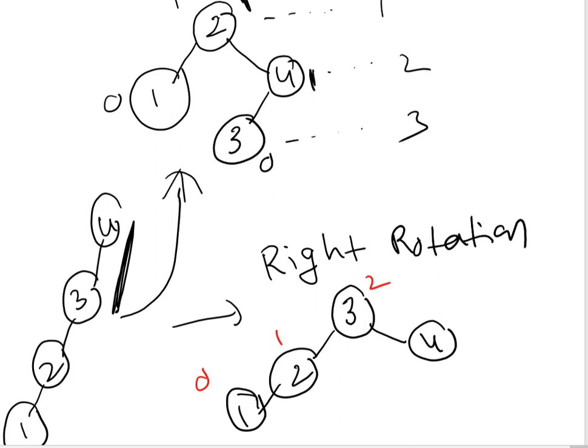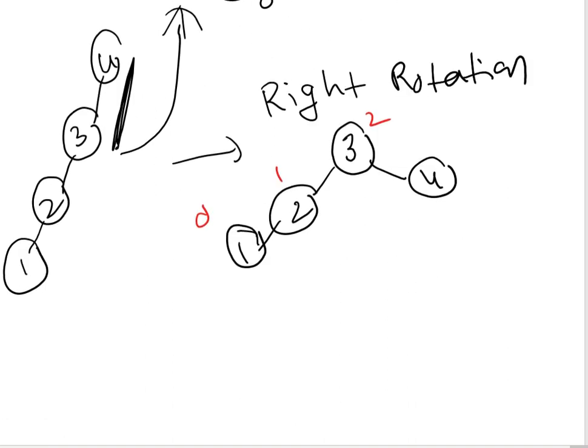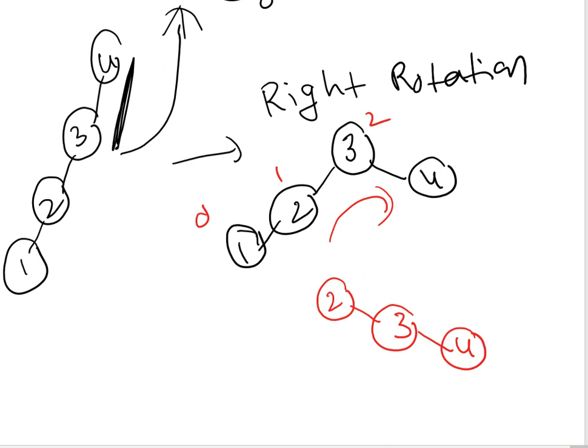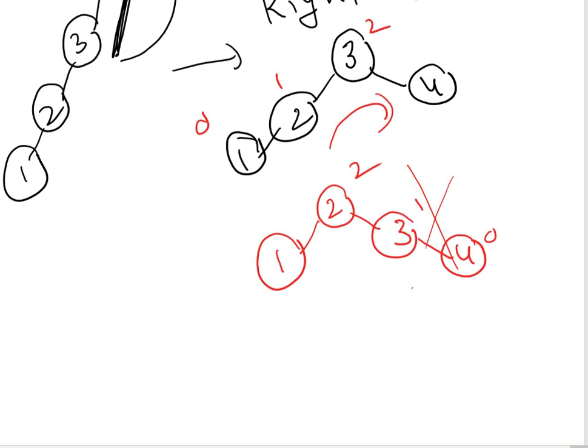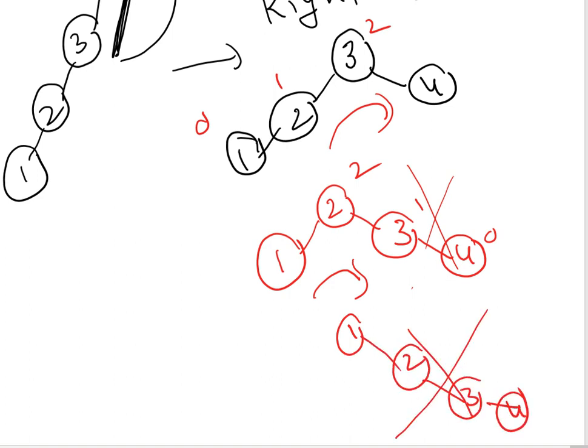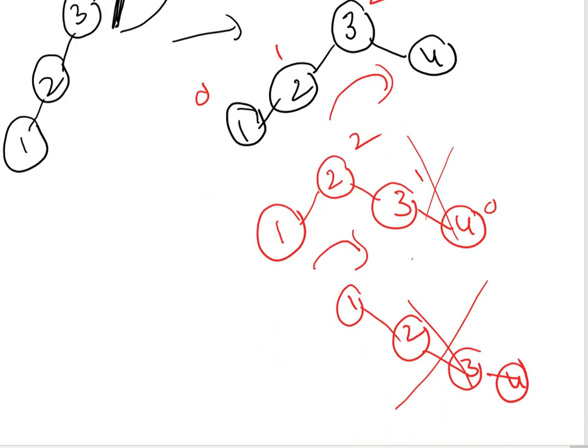So the tree is not balanced. If you perform right rotation again, what happens? Again right means 2 will be the root, 3, 4, 1. Again you have 0, 1, 2. So not a problem. Still if you do right, it means 1, 2, 4. Not a solution.